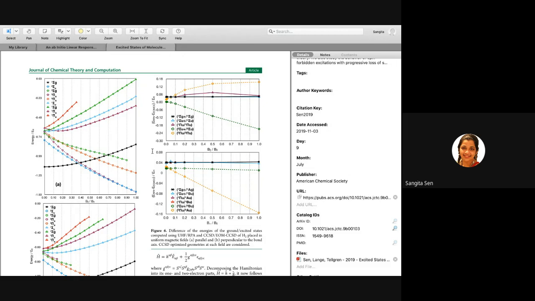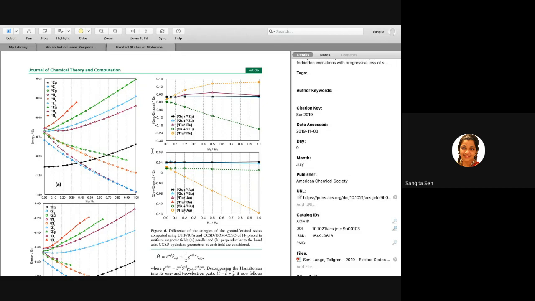This is something people will ask you if you're presenting anything related to molecules and magnetic fields: what about the geometry? Then you have to justify saying that we fix everything at the zero field optimized geometry, because otherwise there is no correspondence between electronic states at one field and electronic states at another field anyway.